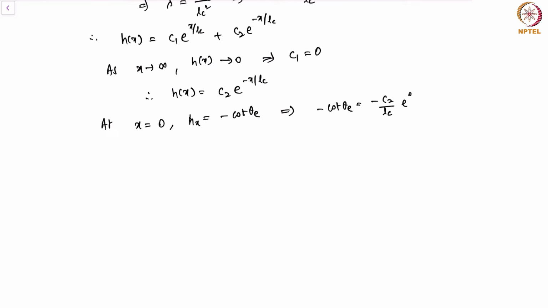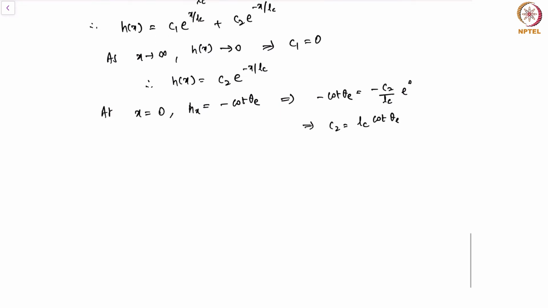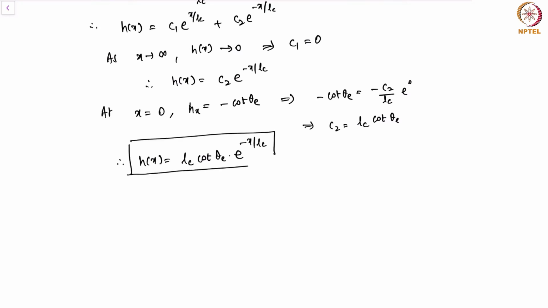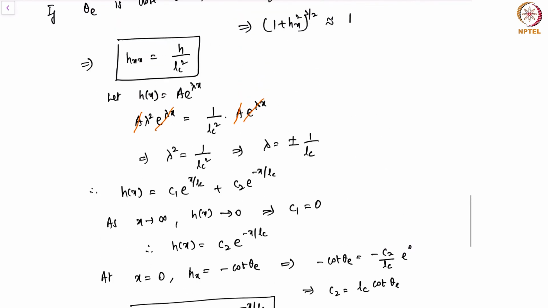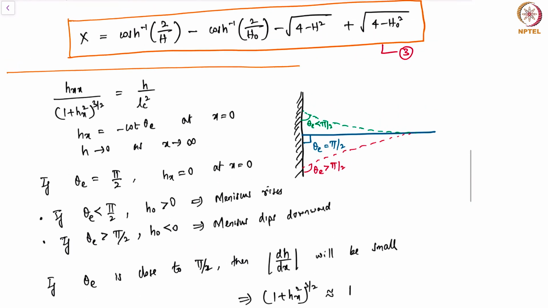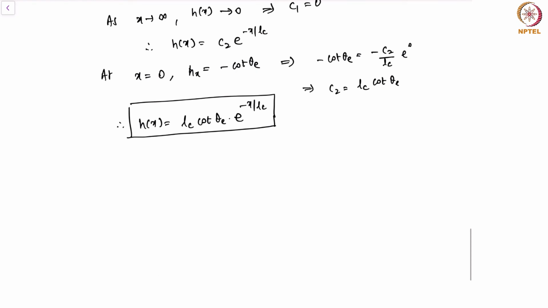E power 0 is 1, and therefore the constant c2 becomes LC cot of theta e, and therefore I have h of x becomes LC cot theta e times exponential minus x by LC. This is an important result. We'll call this equation number 4.